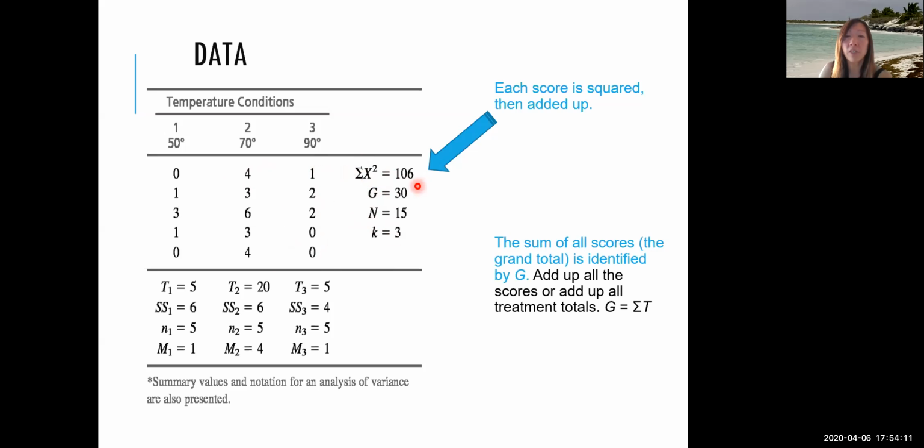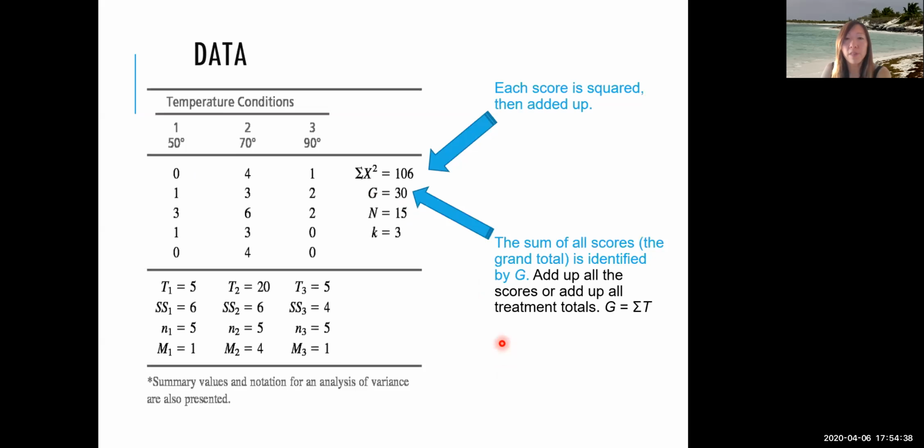The sum of all the G is the sum of all scores. So this is when we add just the raw scores up. It should equal 30 in this case. That's the grand total. You can also just add 5 plus 20 plus 5, right? And we'll get 30 in this case.